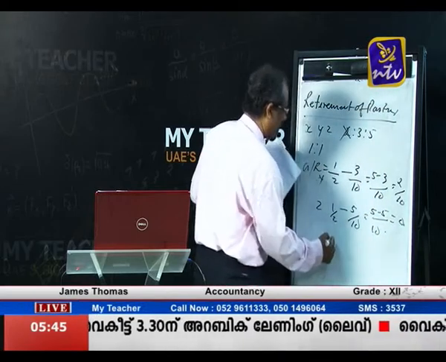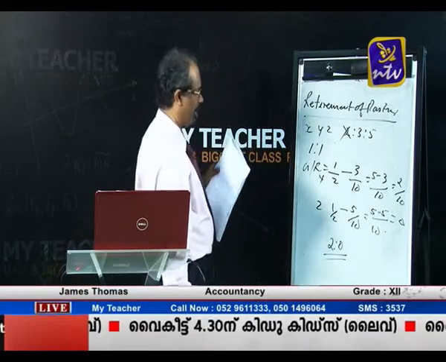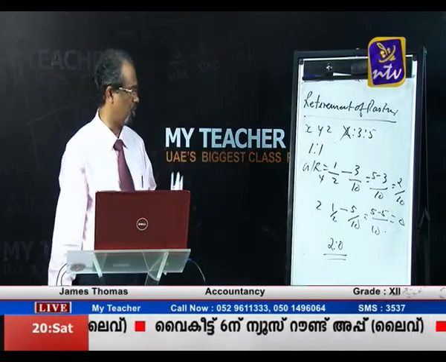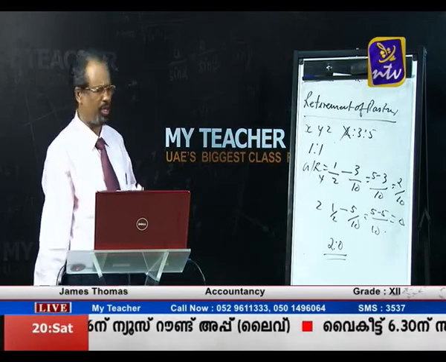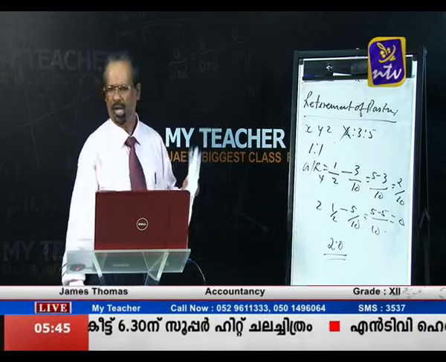So your gaining ratio is equal to 2:0. Only one partner is getting gain. So here our gaining ratio is equal to 2:0. So now you can see one example.